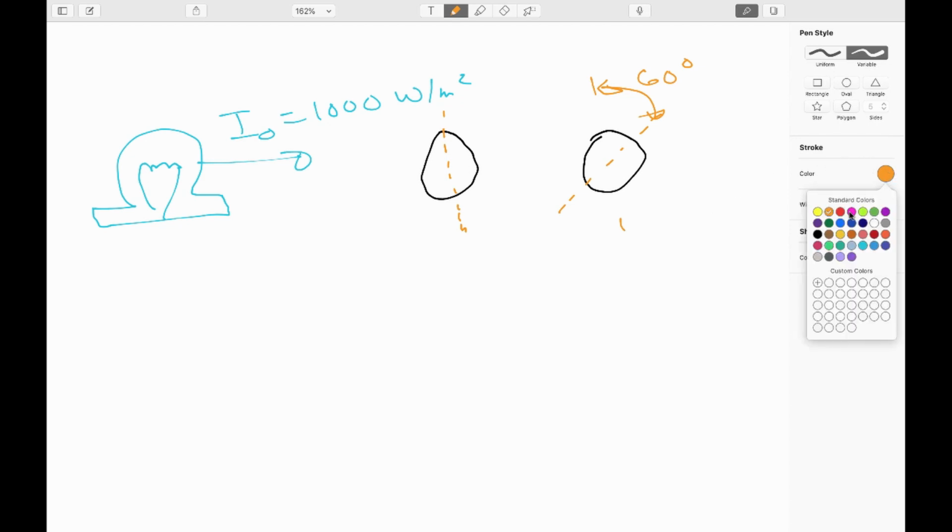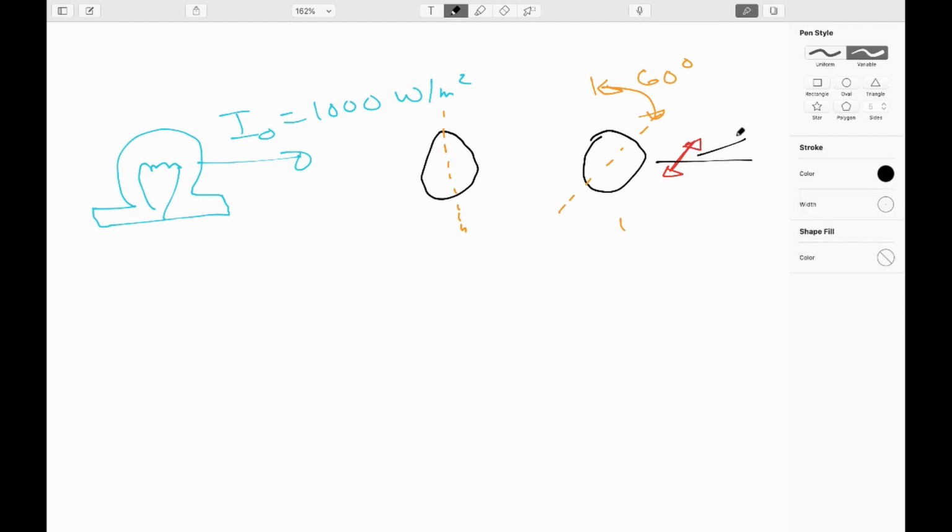Well, we know the final light, when it passes out, will be polarized, and with multiple polarizers, the rule is always the one that laughs last laughs best. So it will be tilted 30° above the horizontal like that.